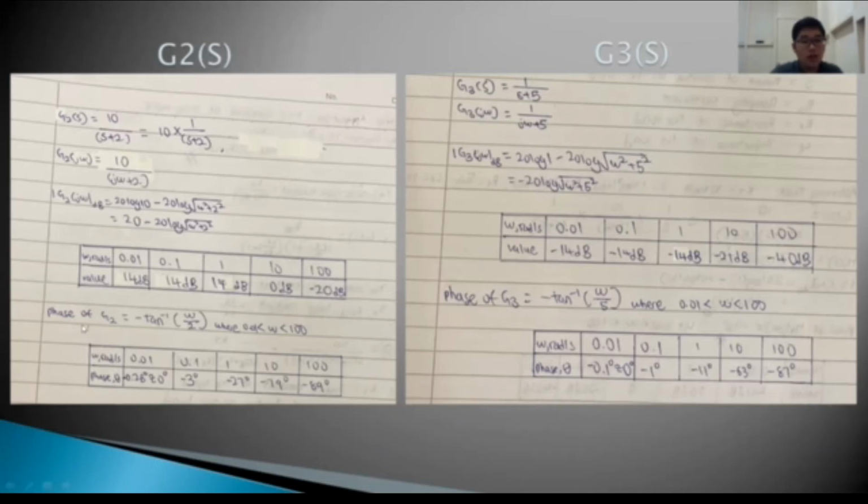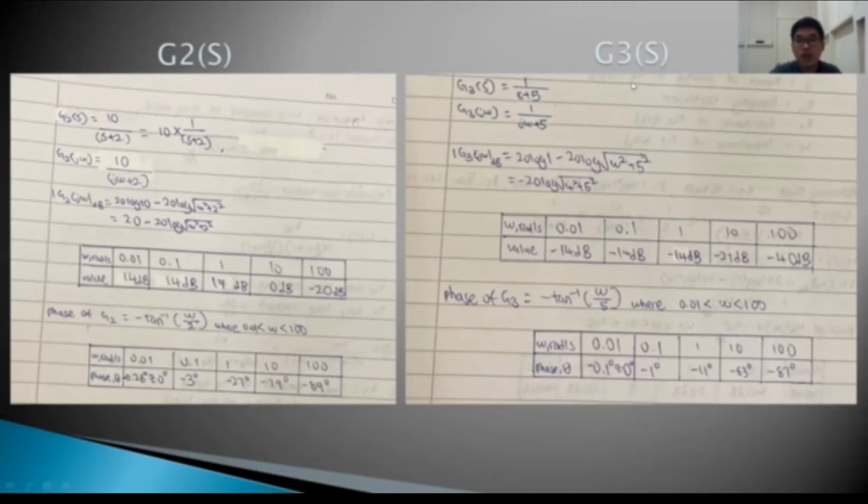The phase angle of G2(s) can be calculated as negative tangent inverse of omega over 2, where, similar to G1(s), omega is between the interval of 0.01 and 100. The following table represents the phase angle of G2(s) based on the calculation above.